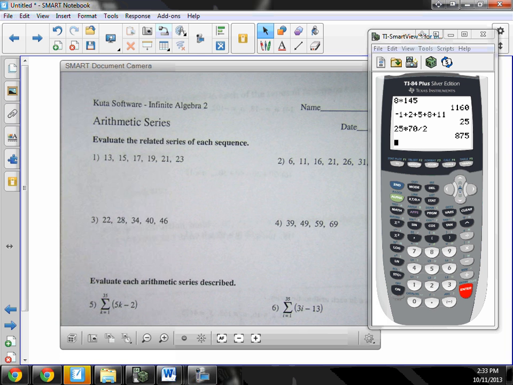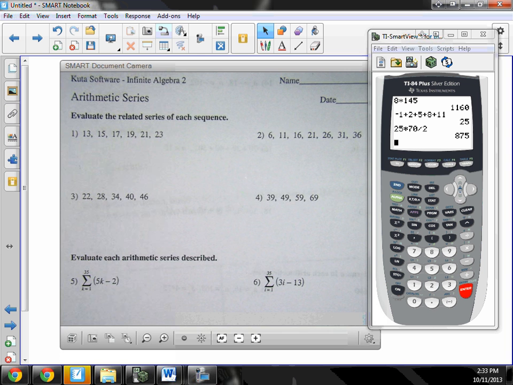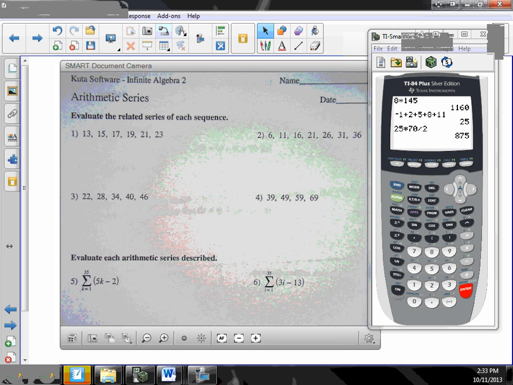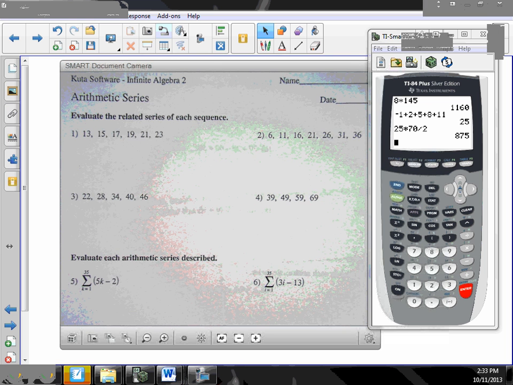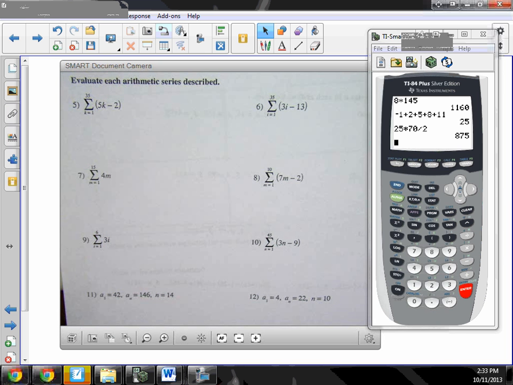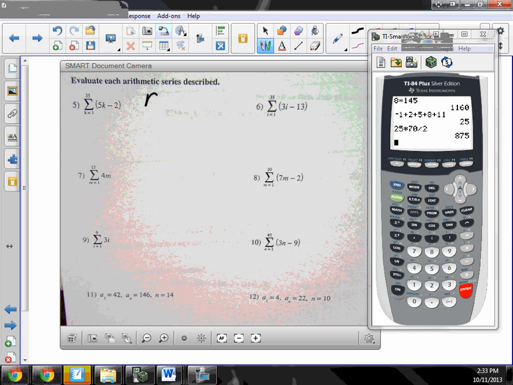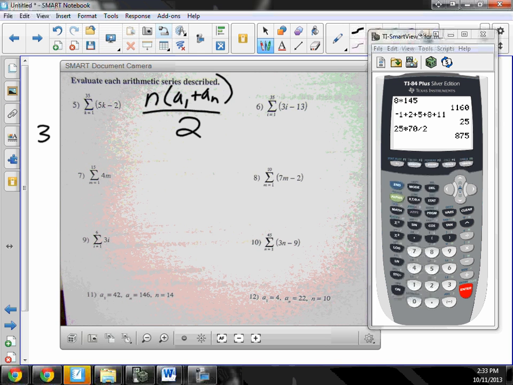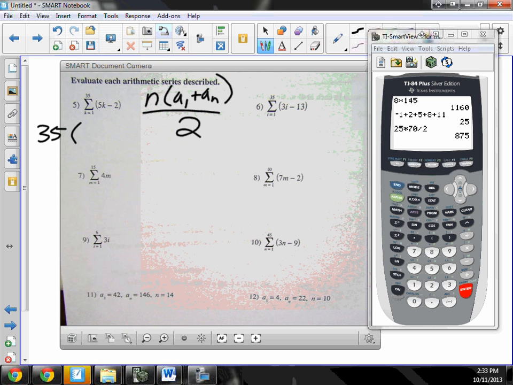How are we going to find the value of the series with those given sequences? Just add them all together. Okay? So look at number 5. How are we going to find the value of that series? Use the formula: n times a sub 1 plus a sub n, over 2. What is n? 35. So 35 times, what's a sub 1? So we plug in 1. 5 times 1 minus 2 is 3.